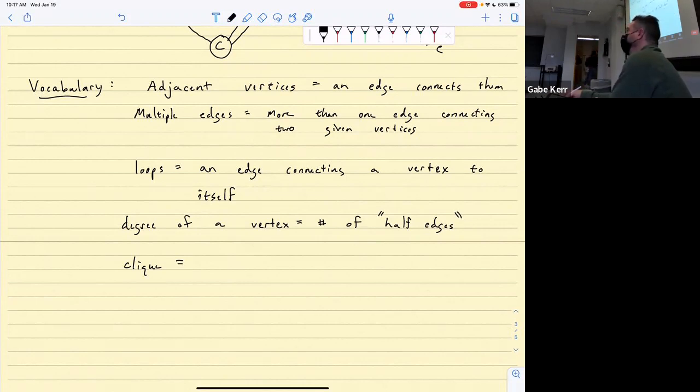This has to do with friendship networks. If you look in the book, they talk about making a graph from Facebook friends, which Facebook does. So what is a clique like? Everybody knows everybody, right? They're all friends with each other. They're a clique. So a clique is a subgraph of a given graph where everybody knows everybody.